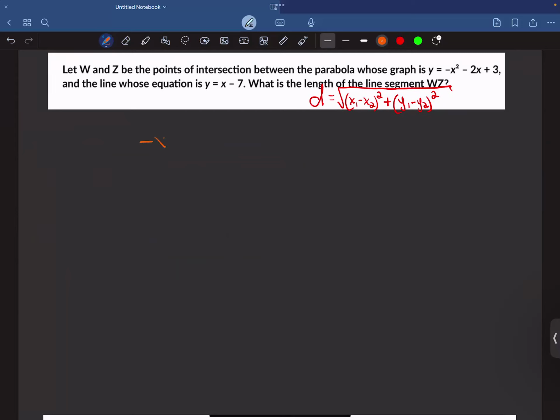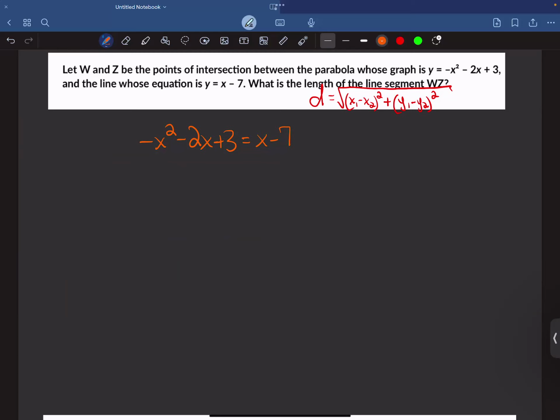So negative x squared minus 2x plus 3 equals x minus 7. Now, we need to get all of our like terms combined and get one of our sides equal to 0. Something I don't like to do is have a leading coefficient being negative.